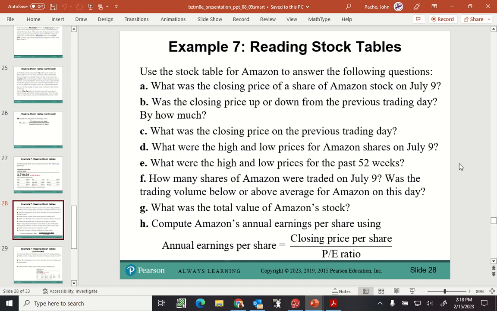D. What is the high and low prices for Amazon shares on July 9th? That's just for the one day.